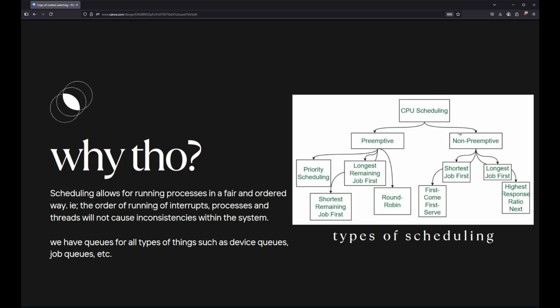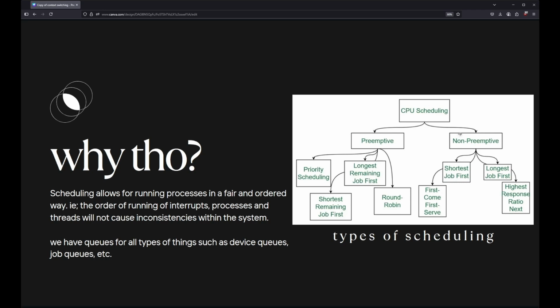Now, this ordering can come in many different ways. You can think about it like, for example, you want to schedule some events into your calendar. If you're quite productive, you would want to schedule them in priority order, right? So you need some sort of way to prioritize them, and you can have a queue for that. So we can have many different types of queues for many different types of processes.